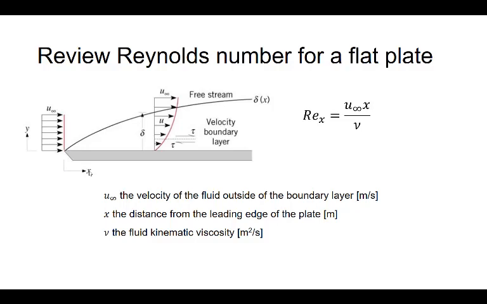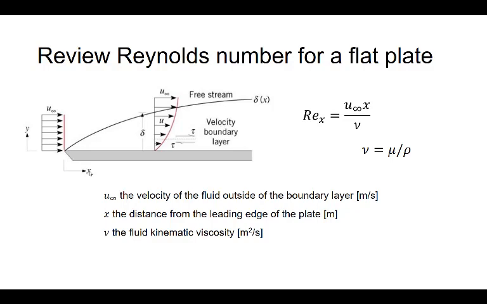Nu is the fluid kinematic viscosity. The kinematic viscosity of a fluid has the units of length squared per time, often denoted meters squared per second. The fluid kinematic viscosity can be calculated from the fluid dynamic viscosity and the fluid density.